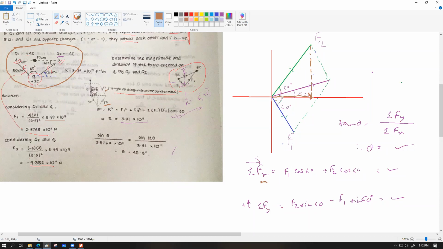Sir, can we assume that the charges Q1 and Q2 are stationary, like fixed in place? We are trying to, I mean, this is the kinematics part of the math, which means we are assuming this is a certain state of the charged particles' position at a certain time instant. We are trying to figure out what is the resultant force. How they're going to move afterwards is not being considered here.